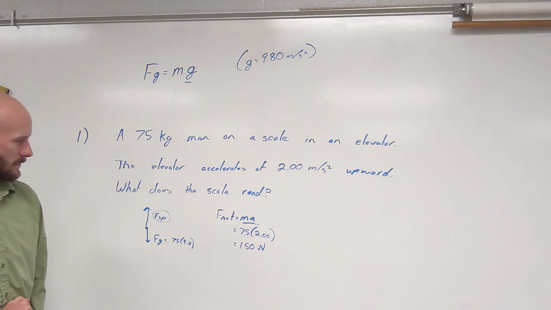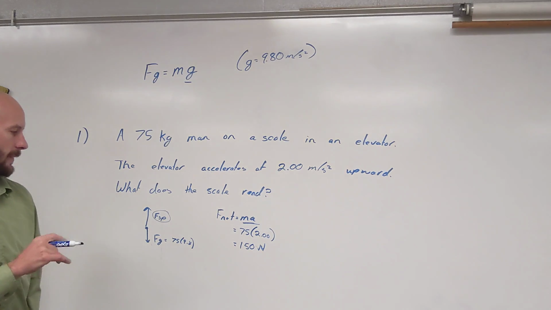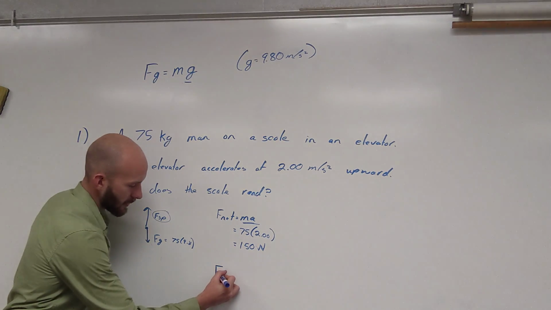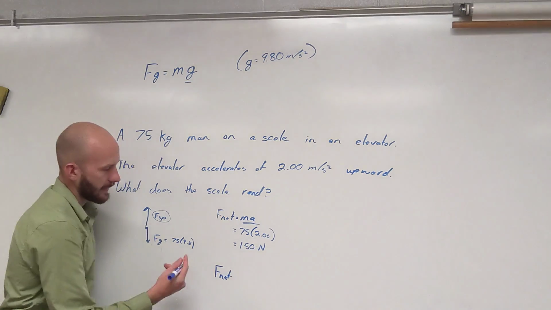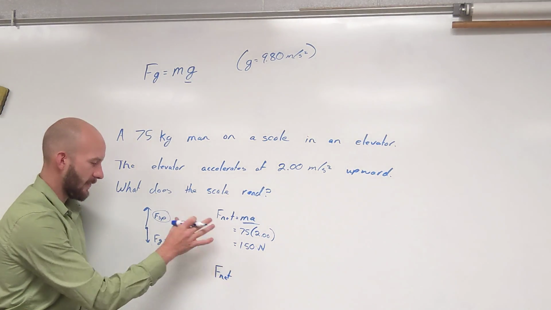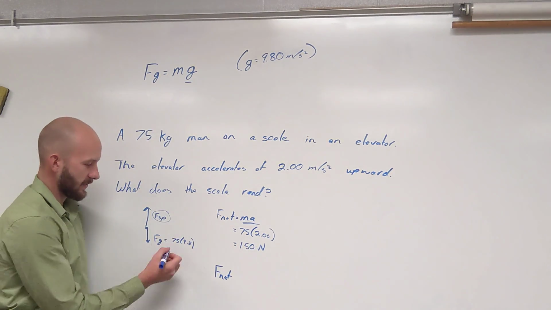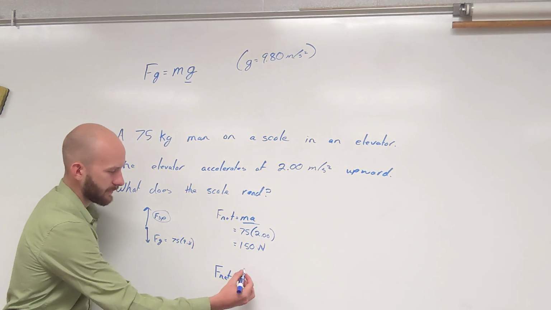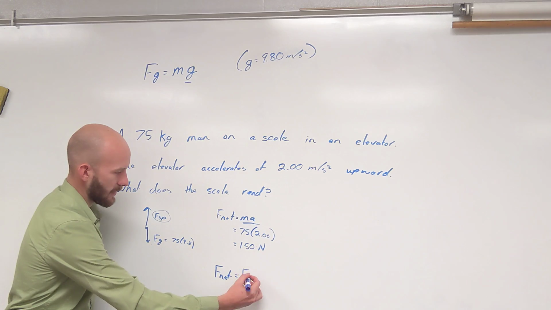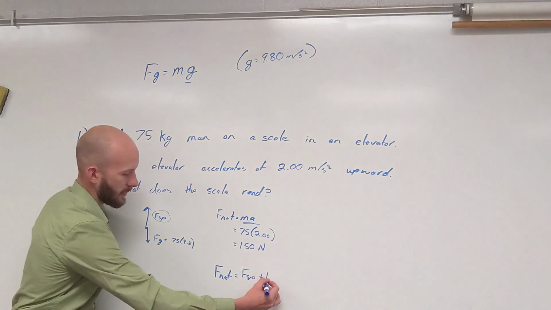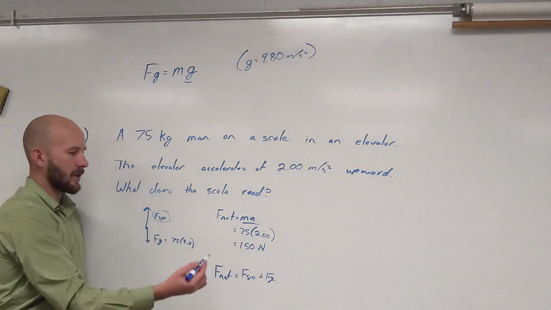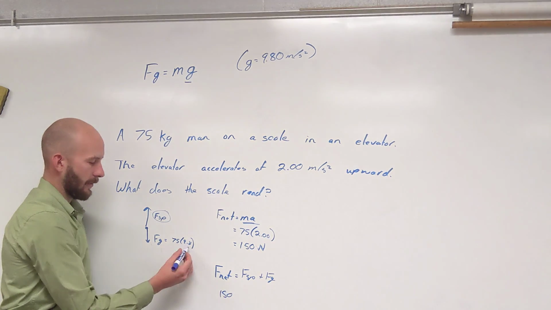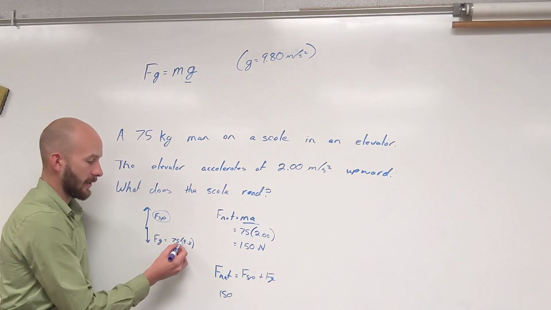Then I can just subtract F sub g. Wait, but wouldn't that make him? Oh, wait, no, not subtract F sub g. I should probably actually do that. Use the net force to find that. So what I would do in this case, I would say F net equals that plus F sub g, and then I would make this negative.